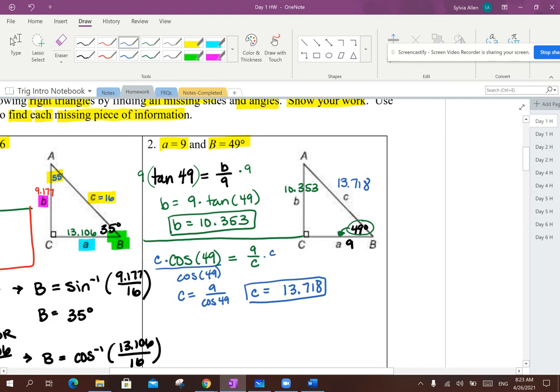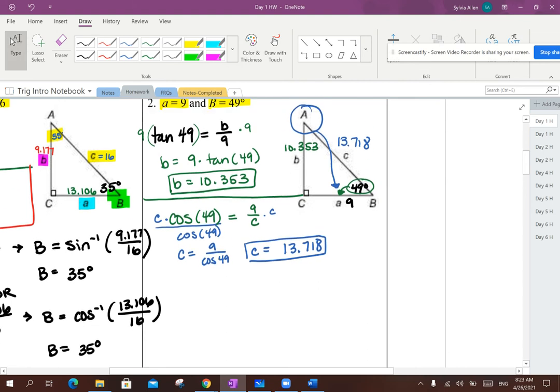All right, now we got to find the angle. Angle A, remember we try to stay with what we're given. So we're definitely going to have to use something. We could either use sine, which would be opposite over hypotenuse, or we could use tangent, which is opposite over adjacent. So either way, it doesn't matter which one you do, but I'll just go ahead and do tangent of angle A is equal to opposite over adjacent.